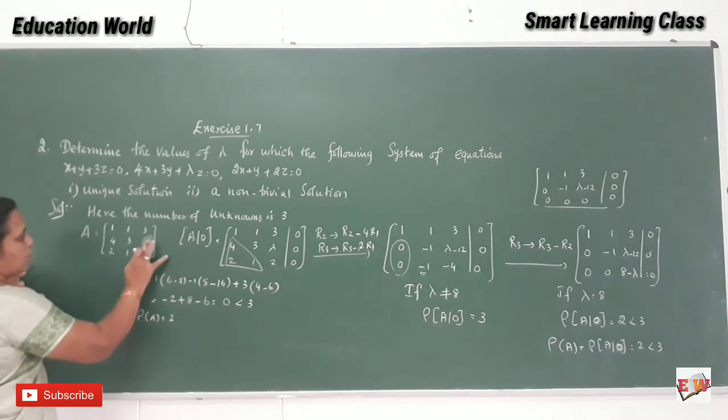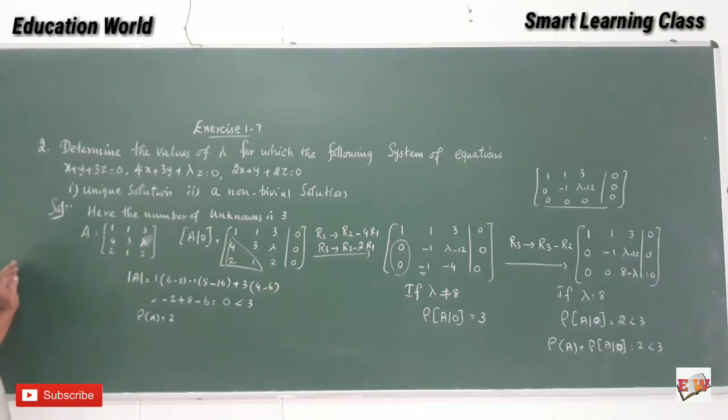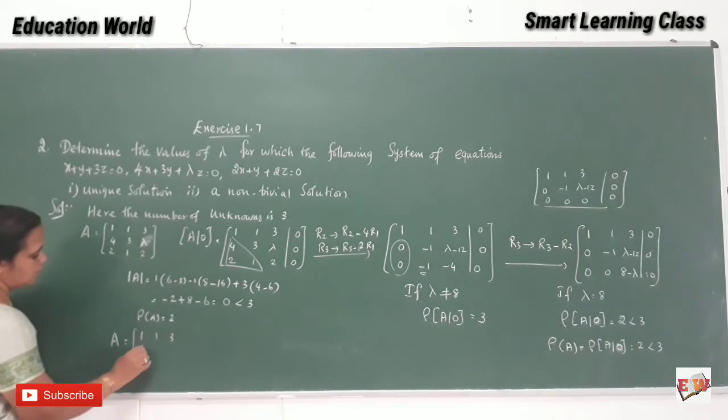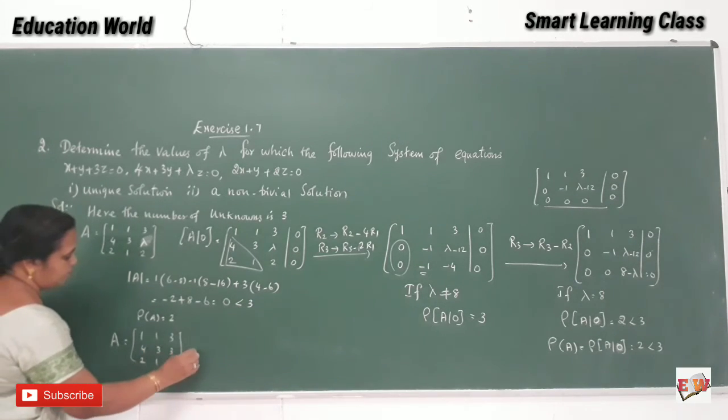Suppose I am not going to substitute lambda as 8. I am going to substitute some other value. Lambda is a real number, suppose just take 3. For verification only I am doing this.